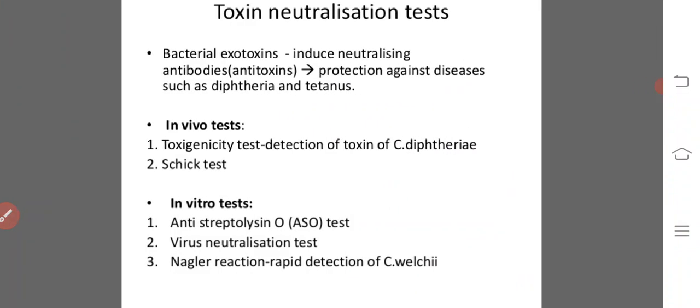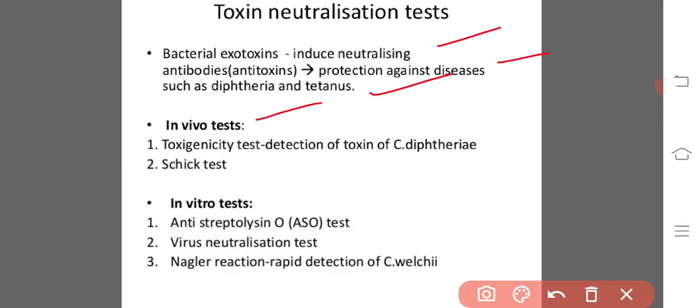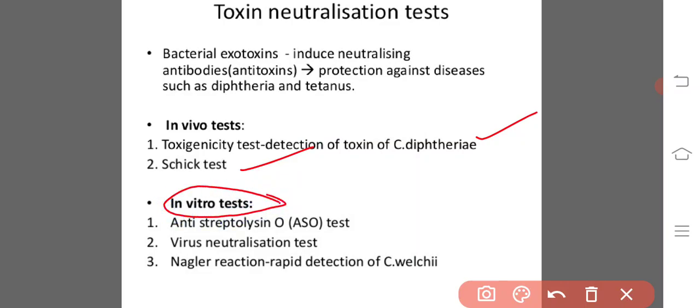The in vivo tests of neutralization are namely the toxigenicity test, detection of toxin of Corynebacterium diphtheriae, and the Schick test.